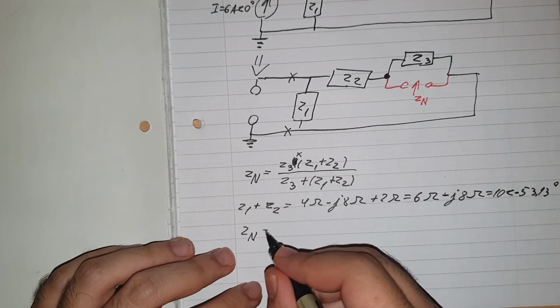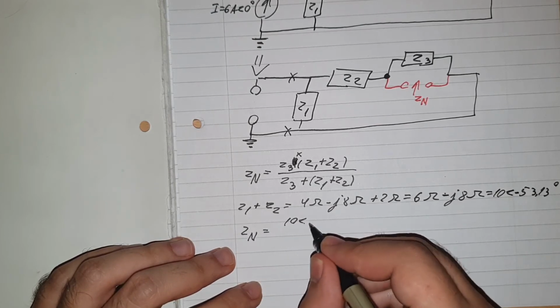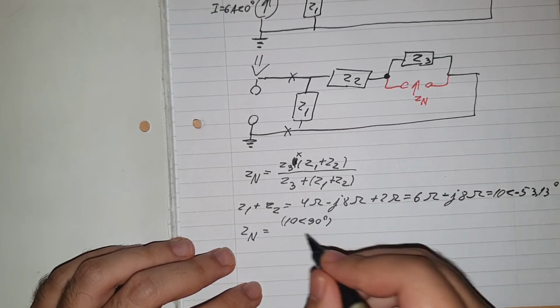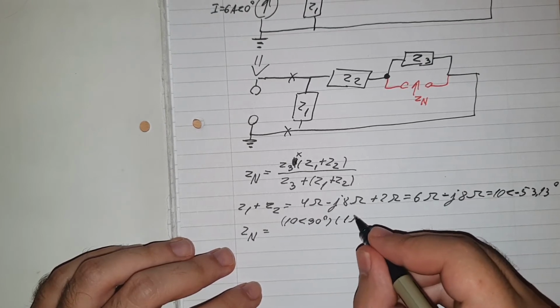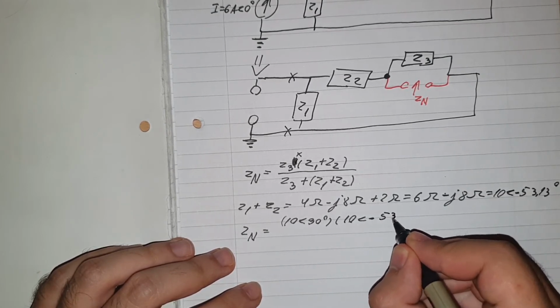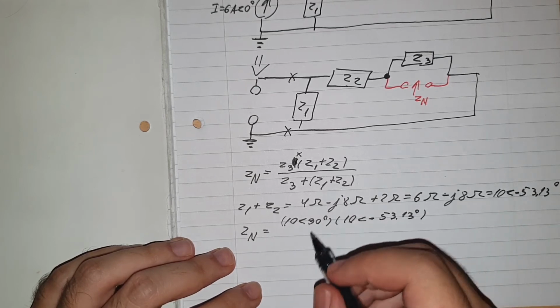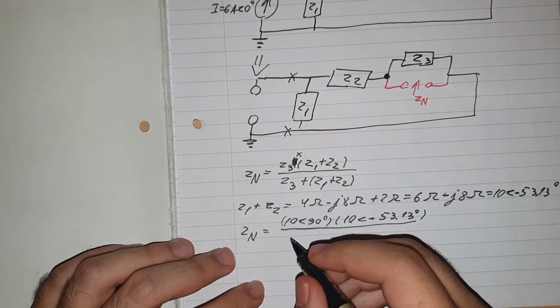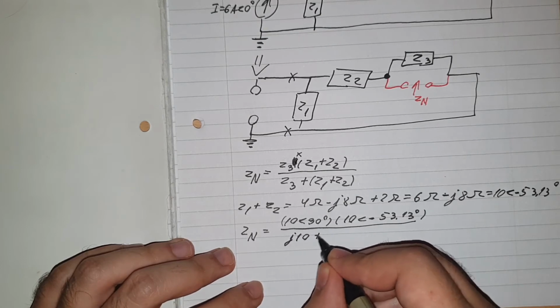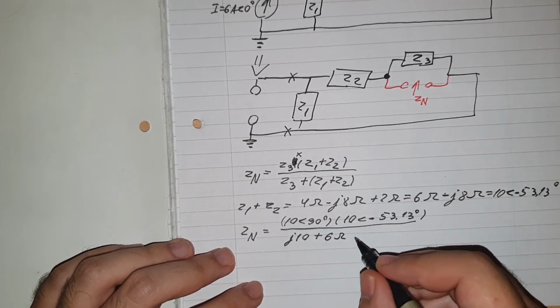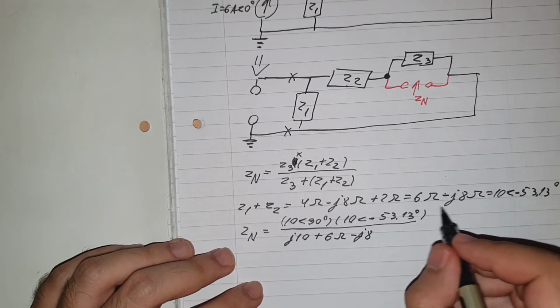Zn would be equal to 10 at an angle of 90 degrees multiplied by 10 at an angle of minus 53.13 degrees, this value here for Z1 plus Z2, all of it divided by j10 plus 6 ohms minus j8, again, their value together.